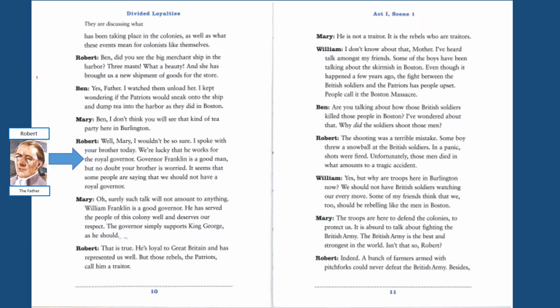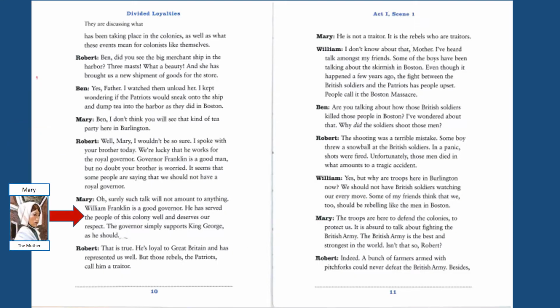We're lucky that he works for the royal governor. Governor Franklin is a good man, but no doubt your brother is worried. It seems that some people are saying that we should not have a royal governor. Oh, surely such talk will not amount to anything. William Franklin is a good governor. He has served the people of this colony well and deserves our respect. The governor simply supports King George, as he should.